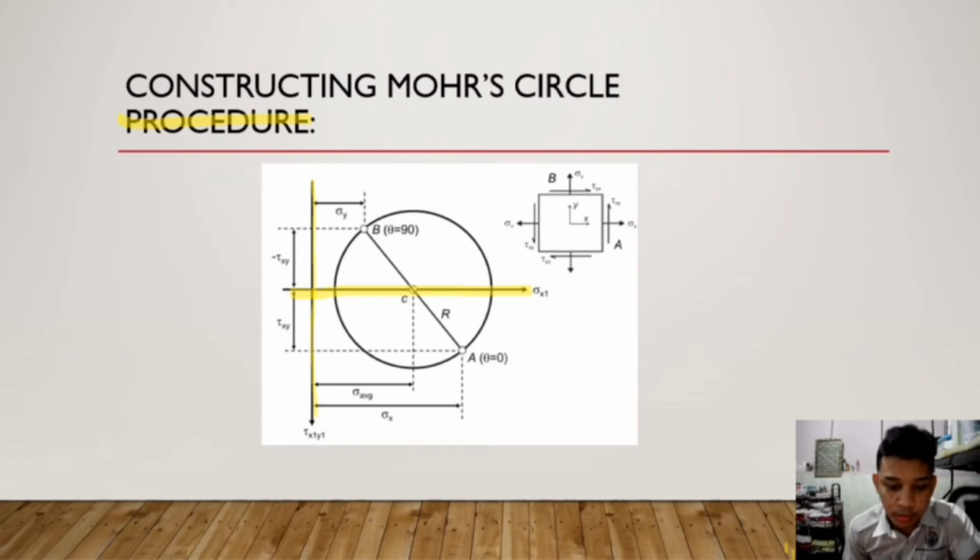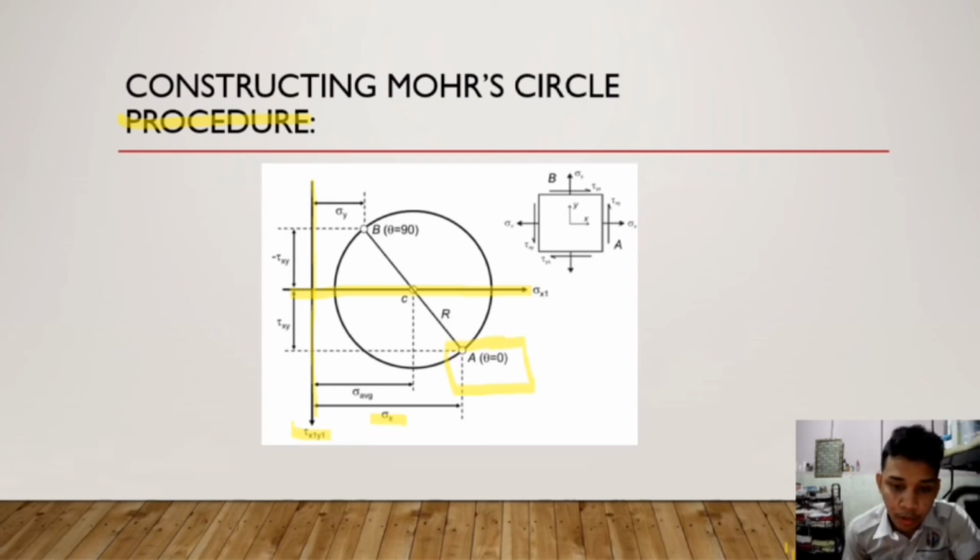Second, we locate point A, representing the stress condition on the x face of the element by plotting its coordinates, that is sigma x1 equals sigma x and tau x1y1 equals tau xy.